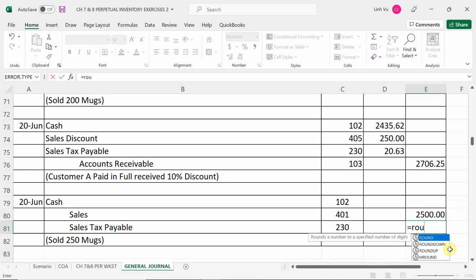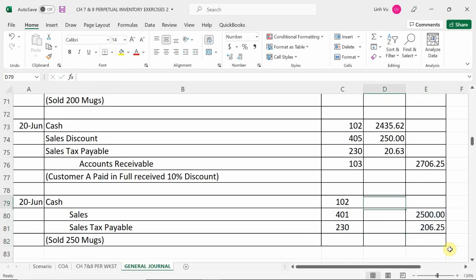How much tax am I going to be charging? $206.25. And then I should be receiving $2,706.25. Okay.